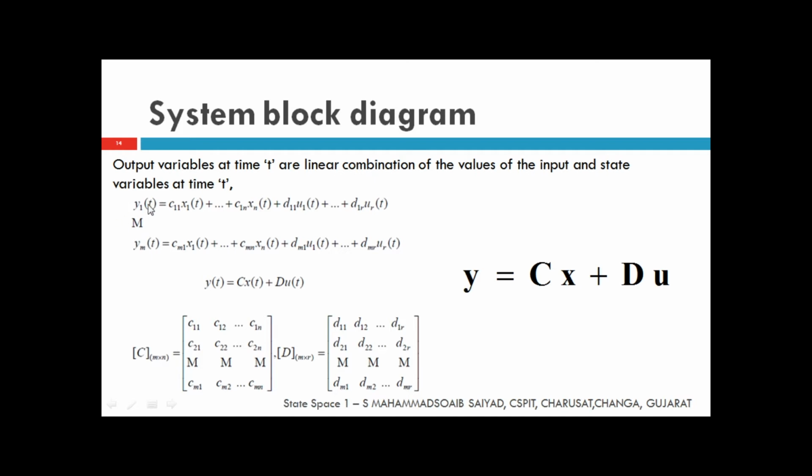Okay, so again I can write this as y of t equal to the C matrix multiplied by x of t plus the D matrix multiplied by u of t.